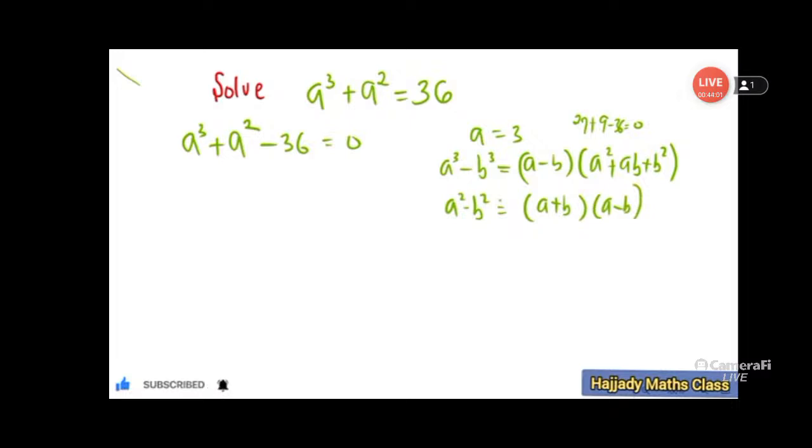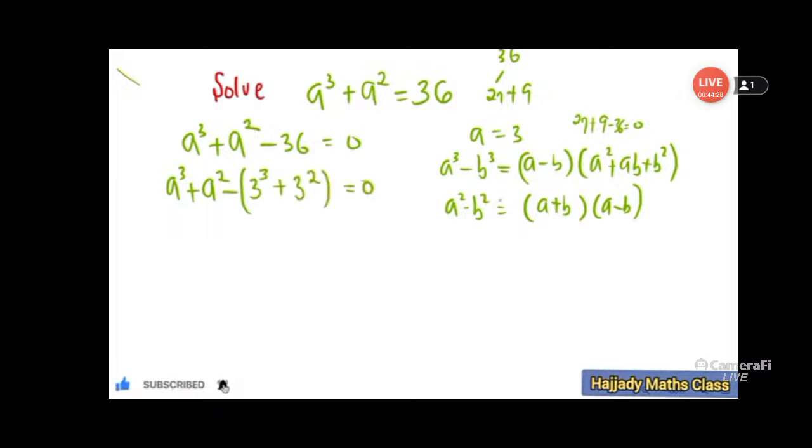Solving this forward, a raised to power 3 plus a raised to power 2 minus 36 is the same thing as saying we have 27 and 9. So this shows that this can be expressed in the form of 3 raised to power 3 plus 3 raised to power 2.